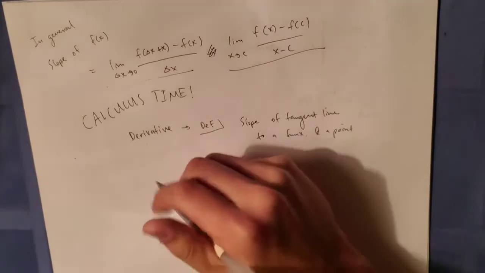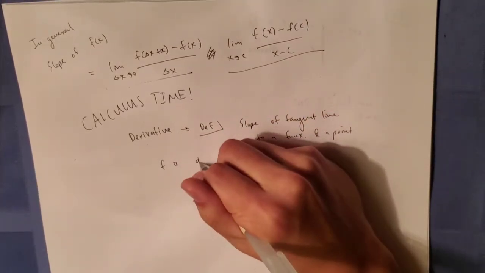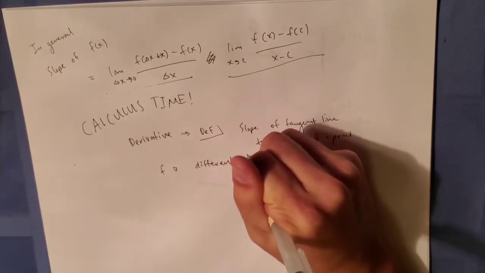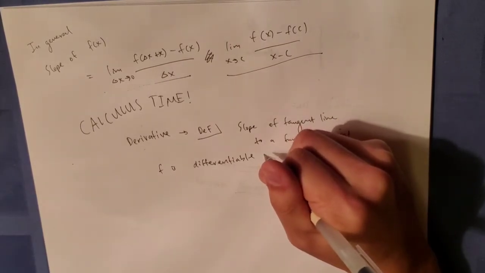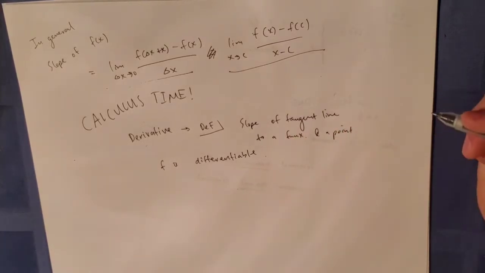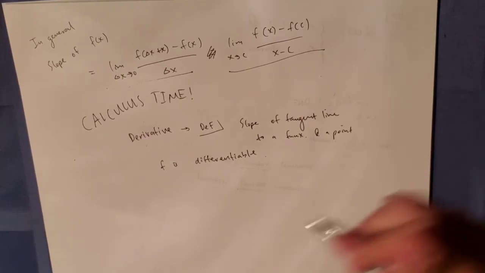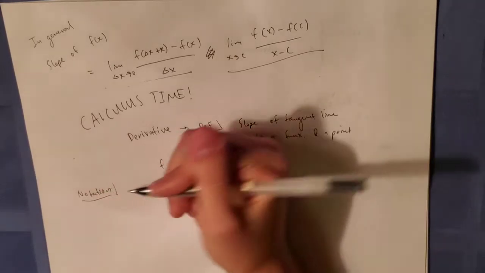Some more definitions. When you call a function differentiable, it means, well, it's able to be differentiated. Alright, I guess that's self-explanatory. Now we have some notation. Okay.